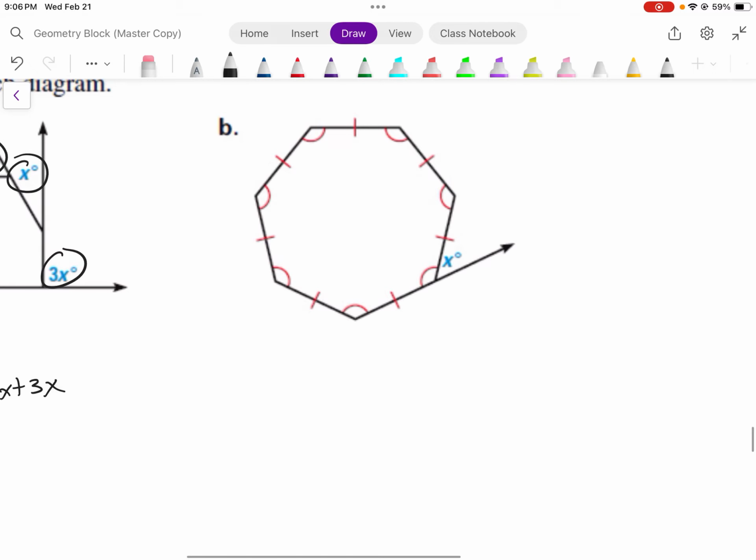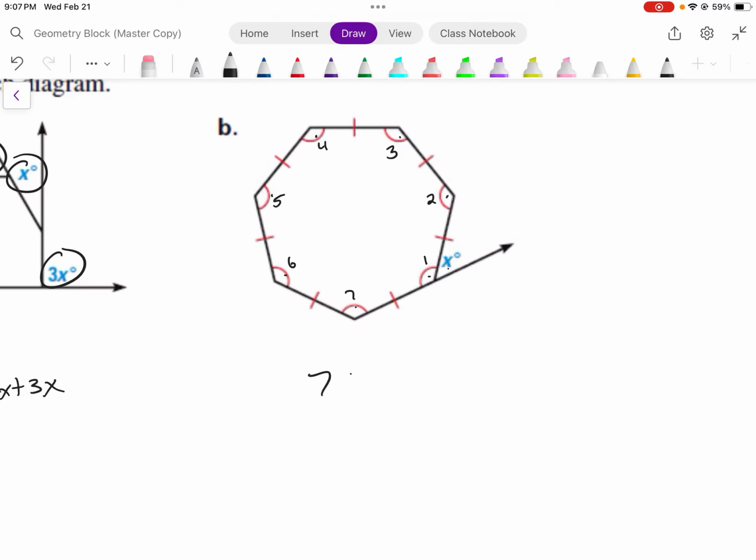Now when I go over here, noticing that all the sides are congruent, all the angles are congruent, tells me it's a regular polygon. There's 1, 2, 3, 4, 5, 6, 7. 7 sides, 7 angles, 7 exterior angles.